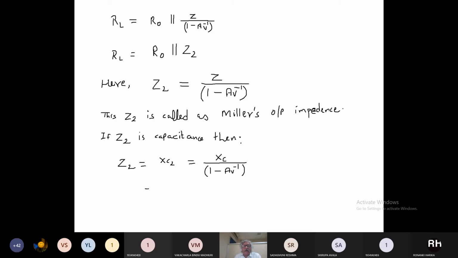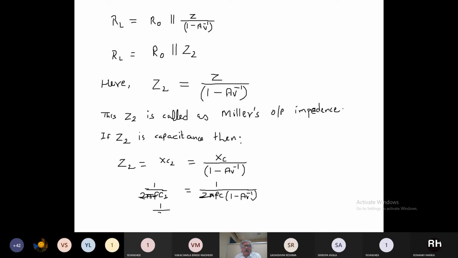And XC we can write as 1 by 2 pi F C2, which is equal to 1 by 2 pi F C times 1 minus AV inverse. So 2 pi F and 2 pi F will cancel out.